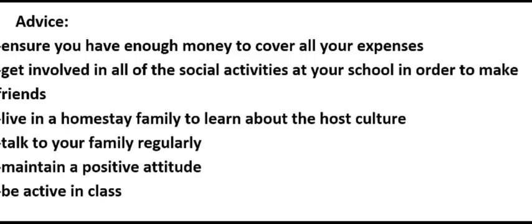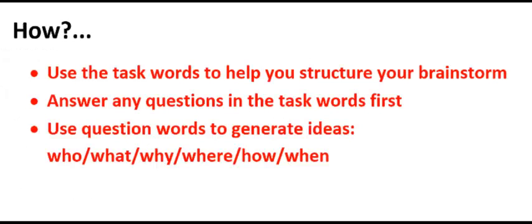By doing this, we answered the questions in the task word and the essay question directly. And we didn't actually have to use question words to generate ideas because it was pretty obvious for this particular essay question what we had to think about and what content we would have to include.